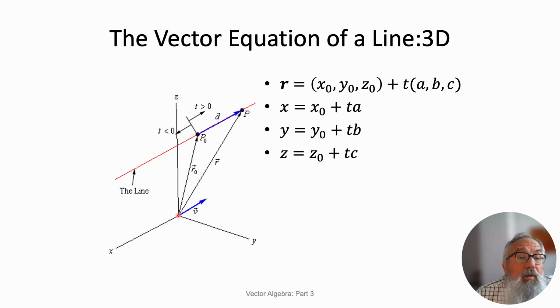So there's r0, that's the point on the line, and t can go that way or that way. So we could say that x is x0 plus ta, y is y0 plus tb, z is z0 plus tc. Just rearranging the above equation.